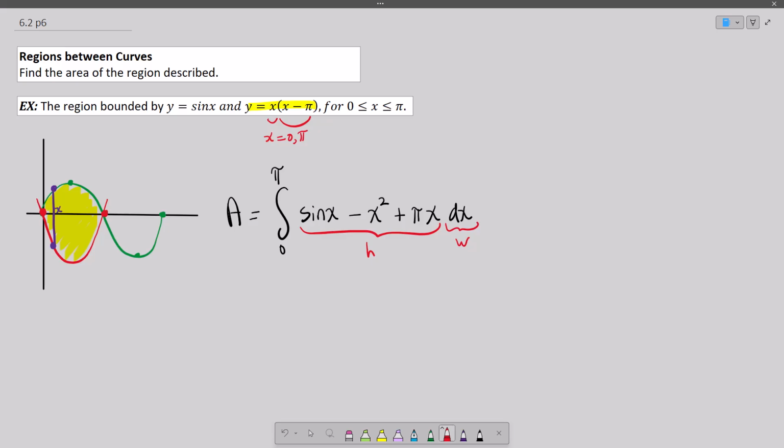Let me know if you have a question on any of it. Integrating, we'll get negative cosine of x minus x cubed over 3 plus pi x squared divided by 2, and that's going to go 0 to pi.